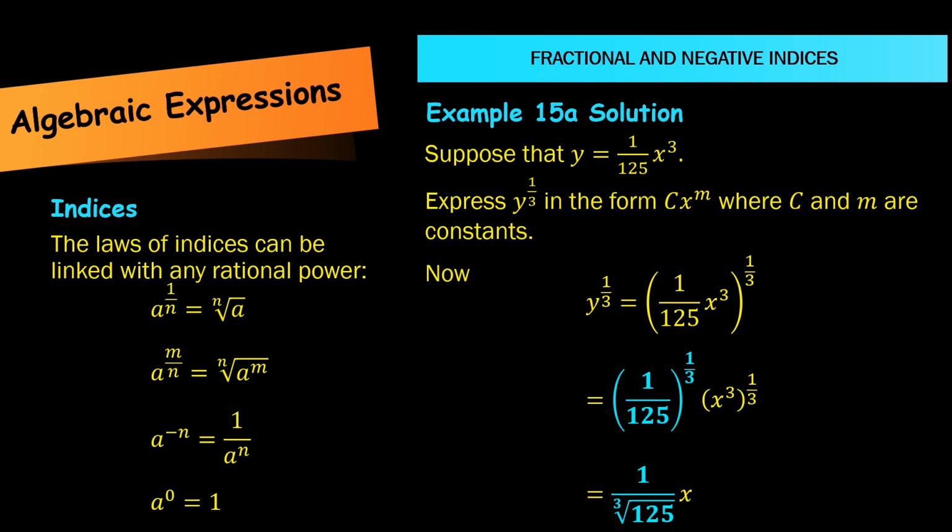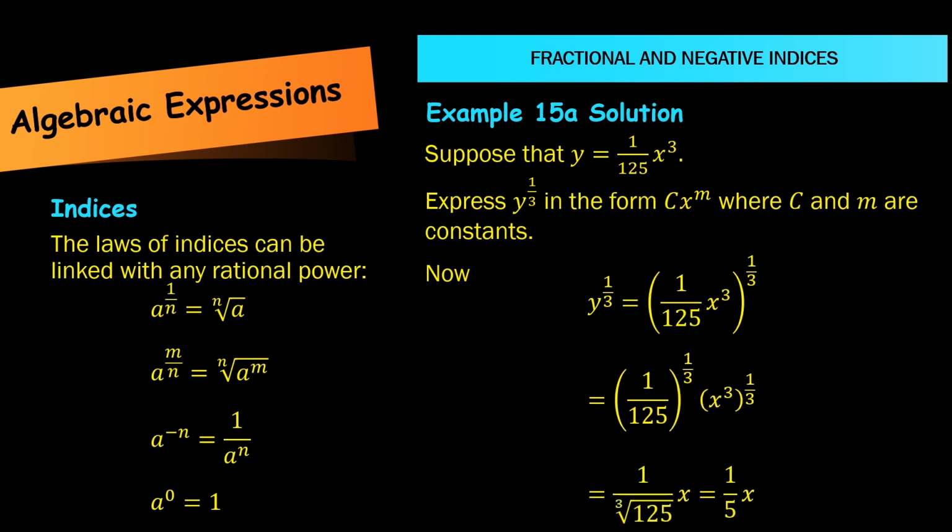The cube root of 1 in the numerator is of course 1. And of course, x cubed raised to the power 1 over 3, we simply multiply the powers to give x to the power 1, because 3 times a third is 1. And then we simplify in the next step 1 over the cube root of 125 to give us 1 over 5. So overall, we have that y to the 1/3 is 1 over 5 times x.